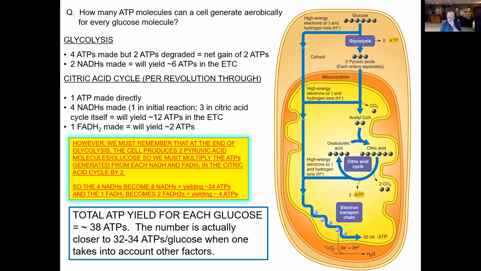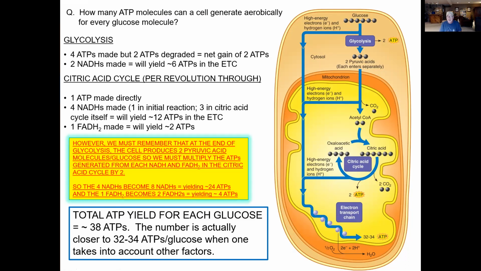However, as I've indicated here in the box and also here in the summary diagram, the actual number is not 38, it's less than that because it's not exactly a 3-to-1 or 2-to-1 ratio in terms of ATPs per coenzyme. And there's other things that we're not going to get into that lower the total number of ATPs made per coenzyme.